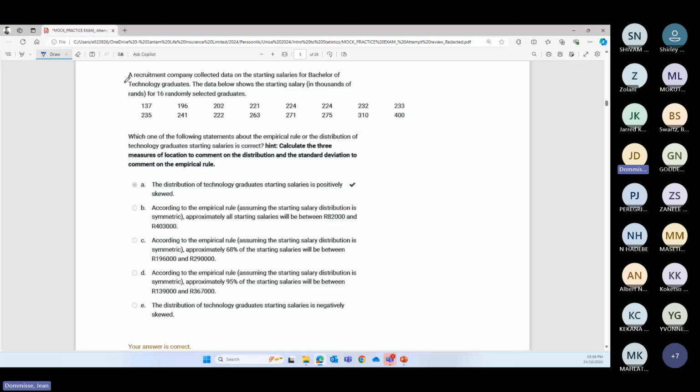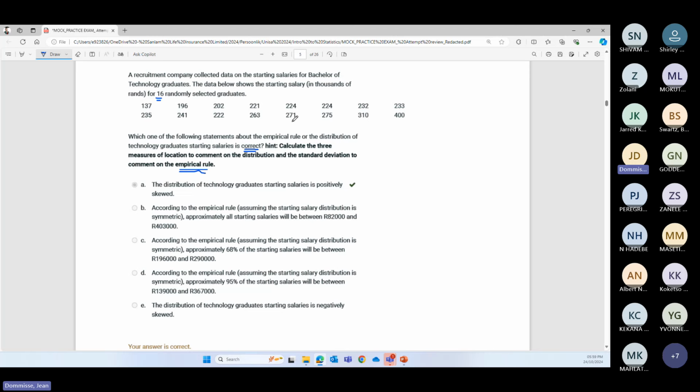A recruitment company collected data on starting salaries, given data of 16 random graduates. Which one of the following statements about the empirical rule or the distribution of technology graduate starting salaries is correct? Hint: calculate the three measures of location to comment on the distribution and the standard deviation to comment on the empirical rule.